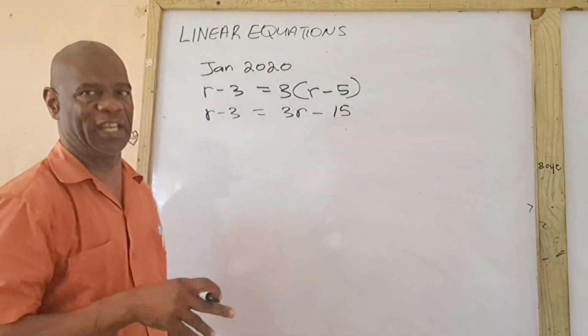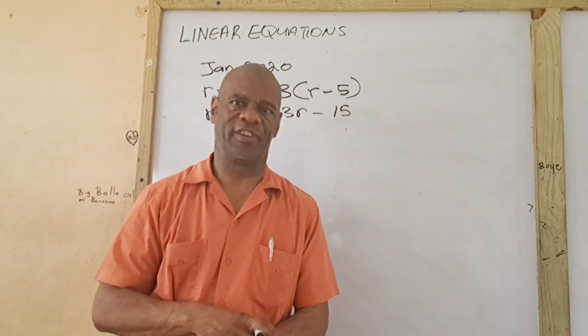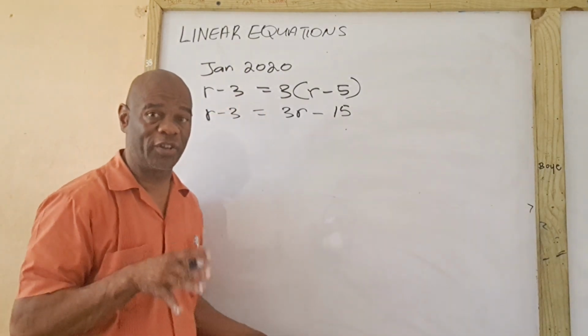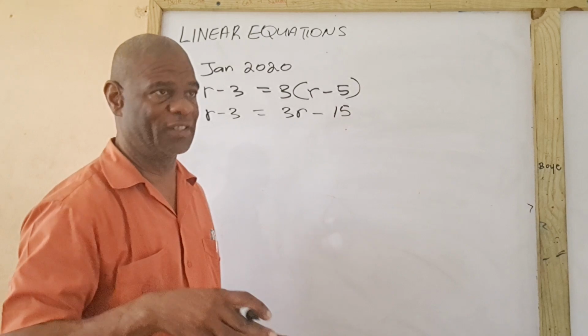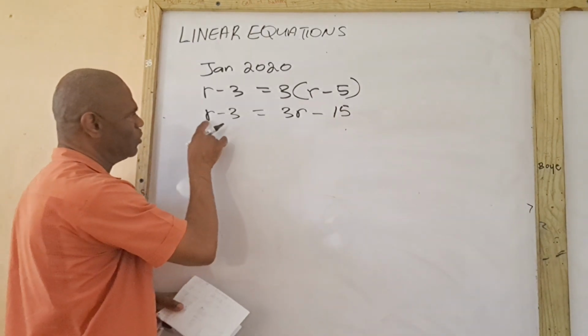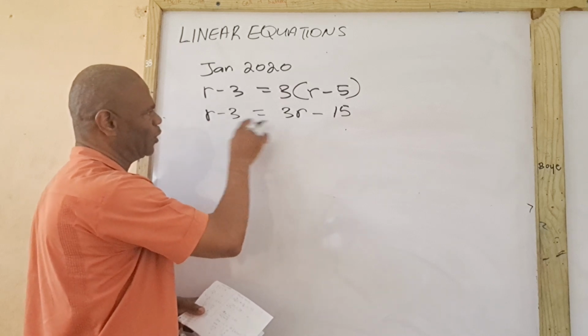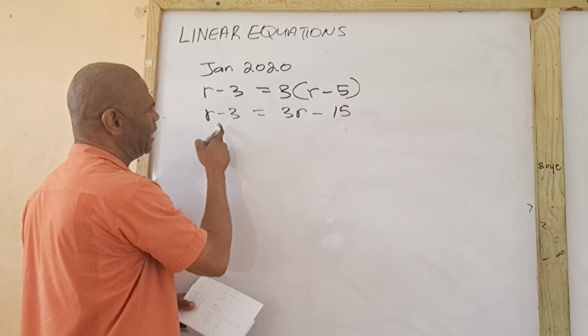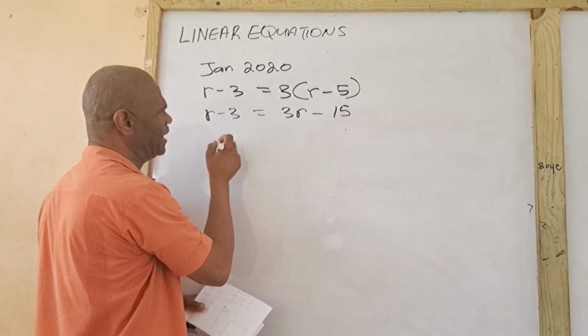And like I always say, it's generally easier or better, I encourage that you move the smaller numbers or smaller terms first. Alright, move the smaller terms. Alright? So we are going to move the r and we are going to move the negative 15. Alright? So let's go. Let's take r from both sides.